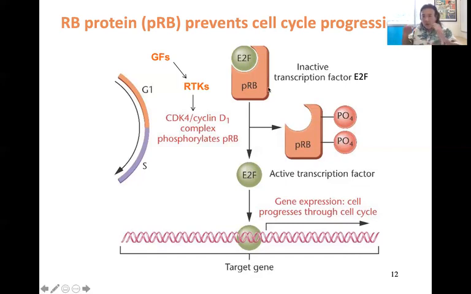Okay? So what normally happens is if the cell does receive signals from other cells telling it, you should go ahead, take a break from doing your normal differentiated functions and start moving out of G1, going into S phase so that you can start doing mitosis. Let's look at the left here. That would be if you have different growth factors or different mitogenic factors arriving on the outside of the cell.